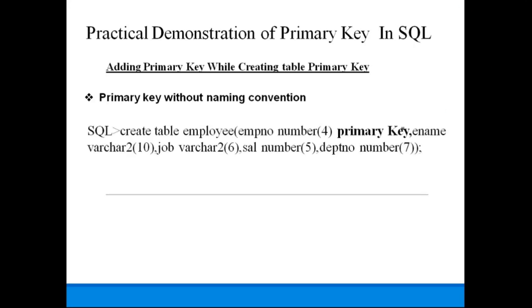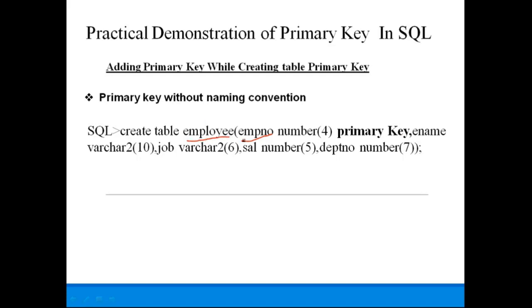This is the syntax. Here, employee is a table in which employee number, e-name, job, sal, and department number are the columns. And we are going to define employee number as a primary key in table employee.